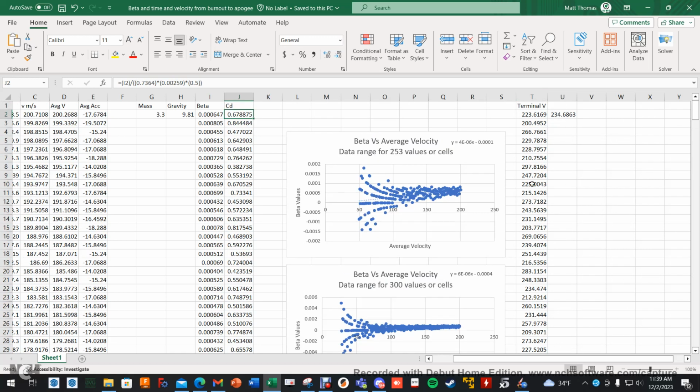All of these values are terminal velocity. So it's kind of weird to say that at 13.9 seconds we have a terminal velocity, and then at 14 seconds we have a terminal velocity. So we're going to take an average of this and find out that it's 234 meters per second, which is right at the end of this graph, and that's where everything is starting to converge to. So that's why it's like a virtual wind tunnel, in my opinion.